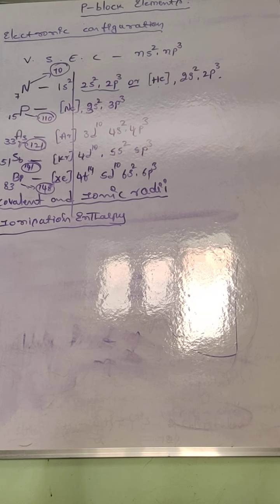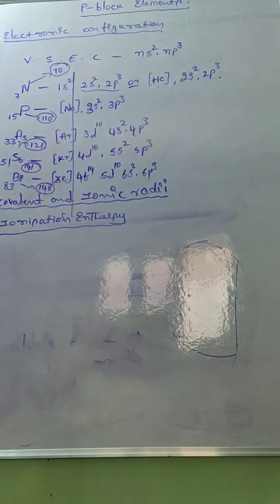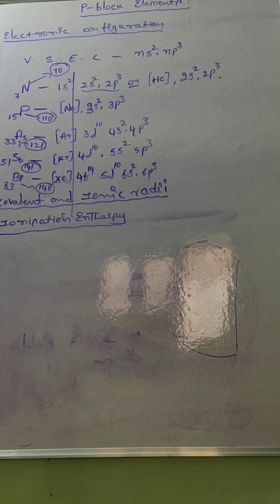Once again, ionization enthalpy is the minimum amount of energy needed to remove one or more electrons from an isolated gaseous atom. So ionization enthalpy decreases down the group.